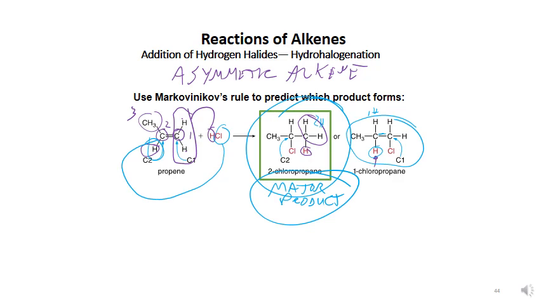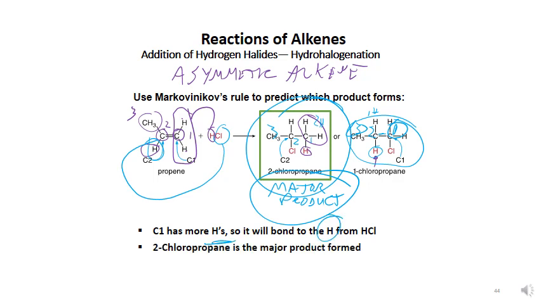And so we're not really going to delve into that deeply. Instead, we're just going to give you the rules and make you be able to predict them. So because C 1, 2, 3 has more H's, it will take the H.